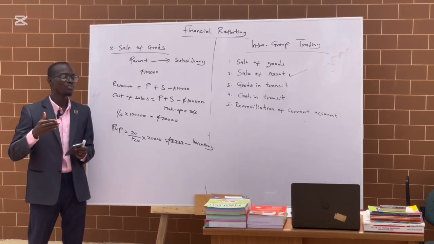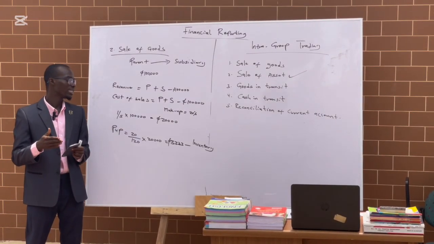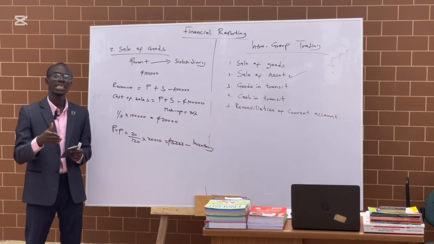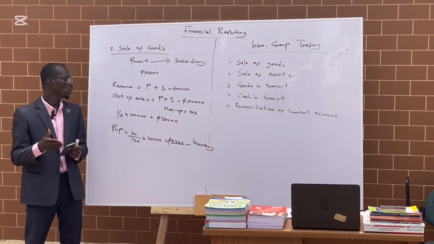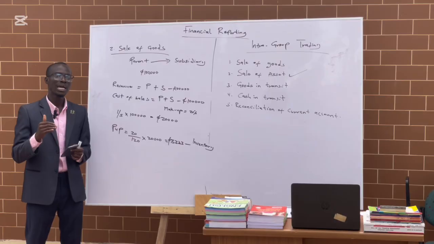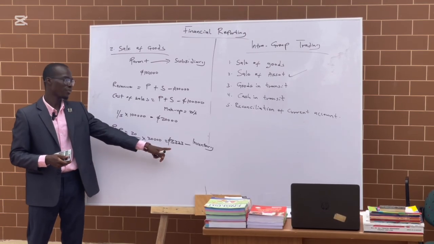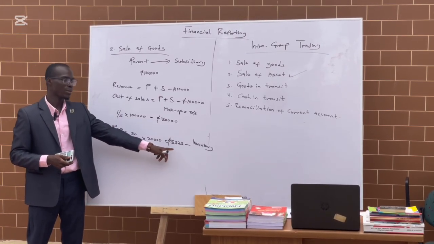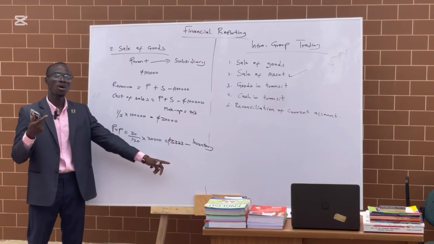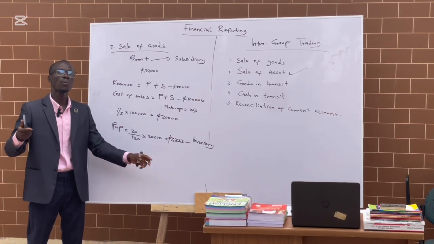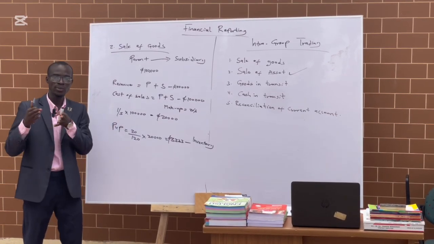Inventory is measured at the lower of cost and net realizable value. So it's supposed to be at cost, but not at a selling price or at a profit.